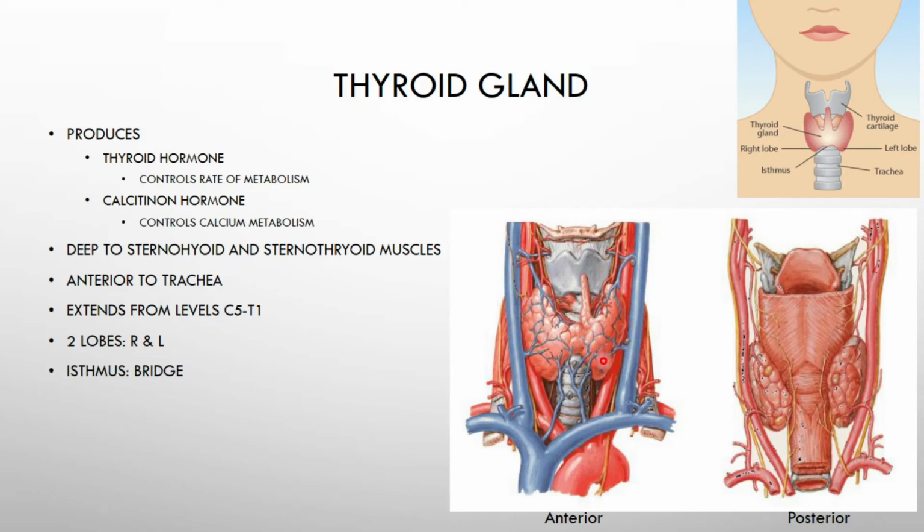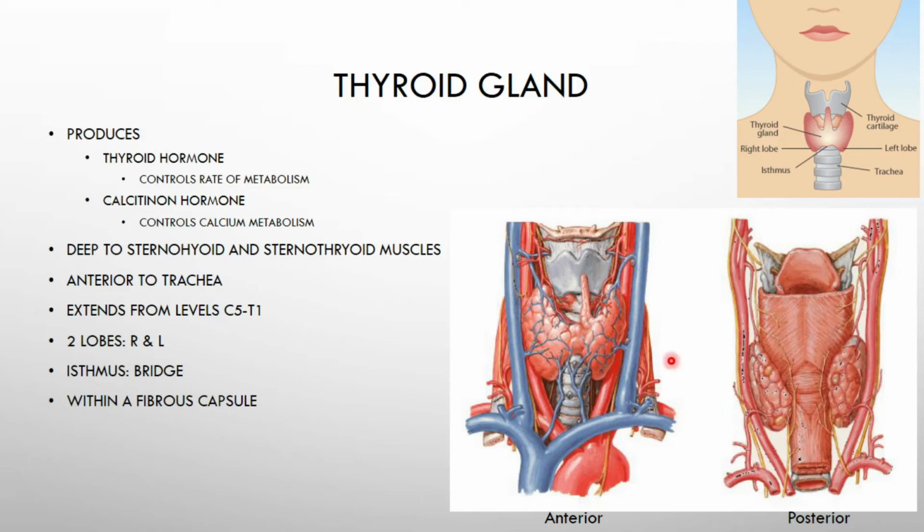And they are joined together across the anterior aspect of the upper part of your trachea by a bridge area known as the isthmus. Then if we look posteriorly, you can see the left and right lobes sitting either side of your pharynx, and there's your esophagus here.